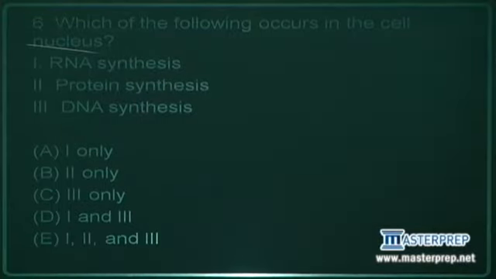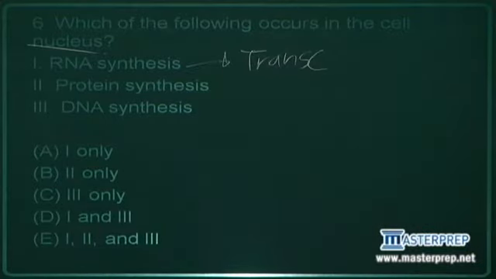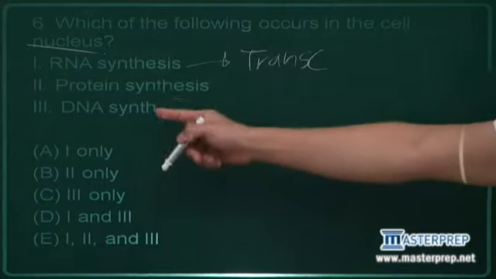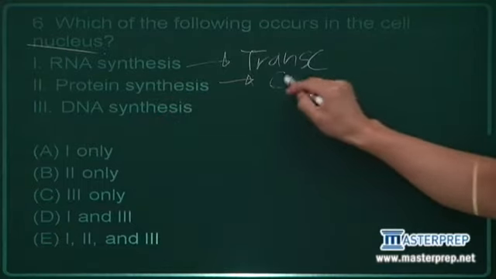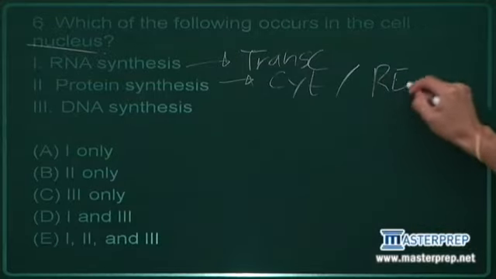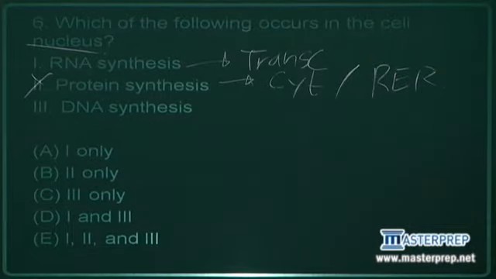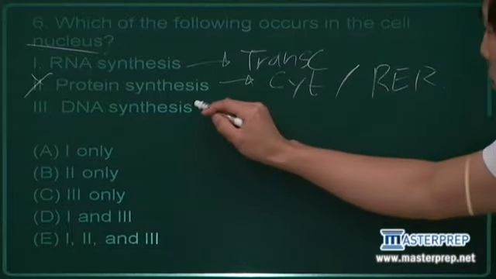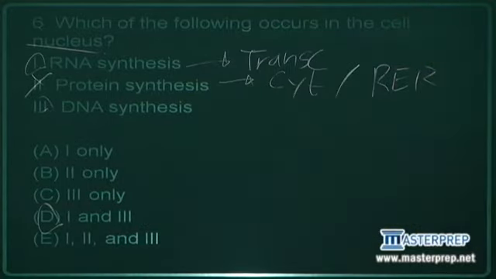Okay, number 1, RNA synthesis, which is the same as transcription, right? And protein synthesis takes place in the ribosome, which resides in either the cytoplasm or the rough ER. So it's not. Okay, number 3, DNA synthesis, of course, takes place in the nucleus. So 1 and 3 gives us D.